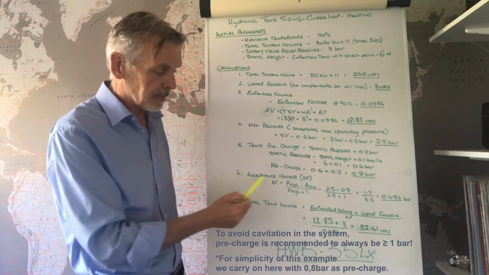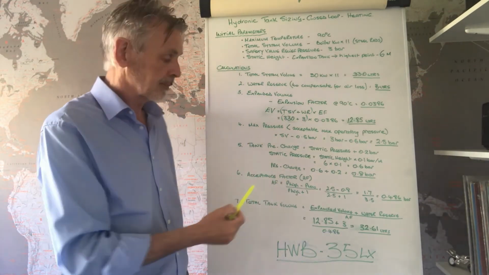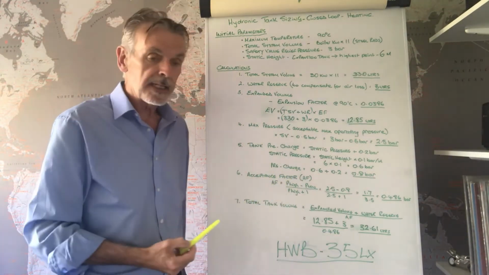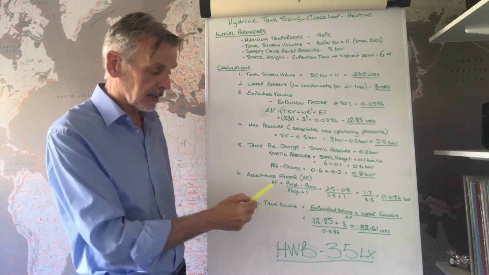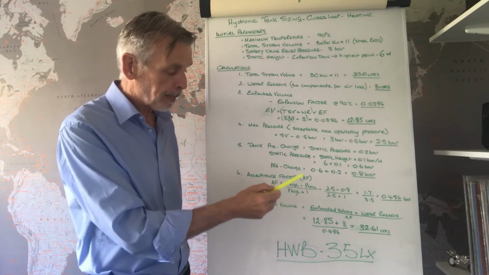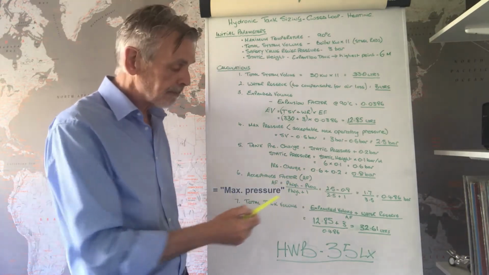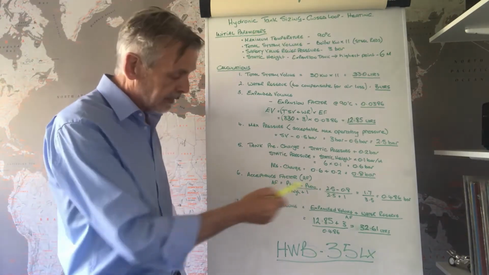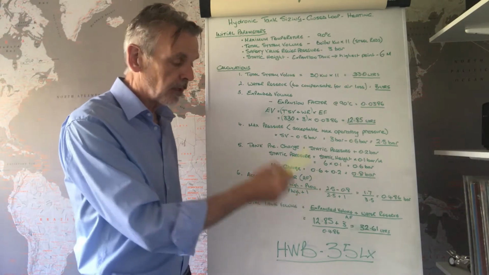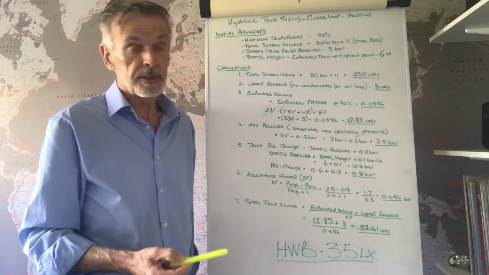Now we go on to the acceptance factor. The acceptance factor is derived from Boyle's law, and Boyle's law states that the acceptance factor is equal to the high pressure of the system minus the low pressure of the system in bar, divided by the high pressure of the system plus 1 bar, which is atmosphere.